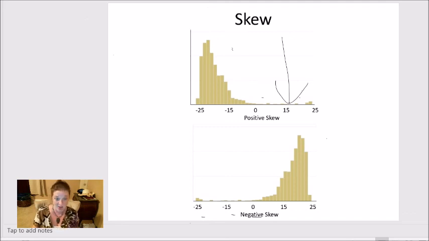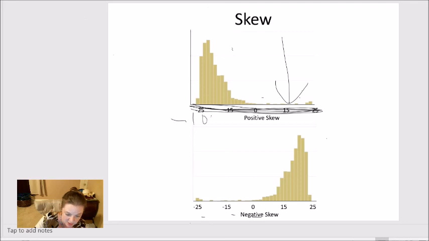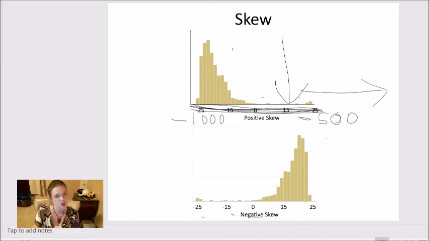And anytime you have extra extreme scores on the right side, you call it positive skew, even if, let's say, there are only negative numbers. Because let's say the numbers looked like this. Negative 1,000. And then here, let's say you had negative 500. This would still be positive skew because eventually, moving this direction, you would end up with the positive numbers.